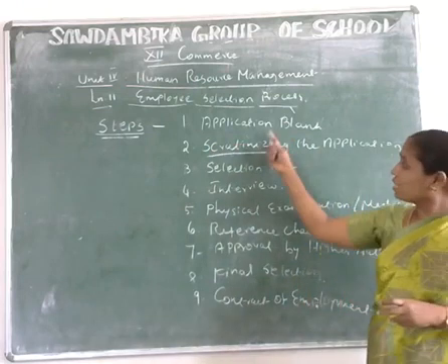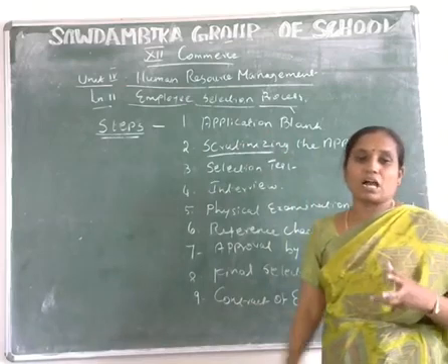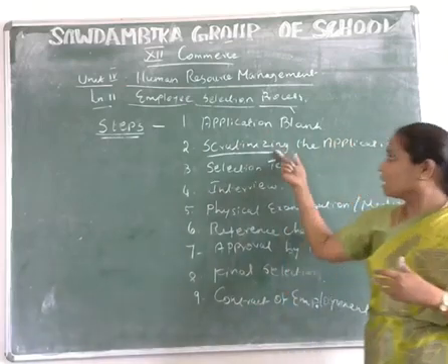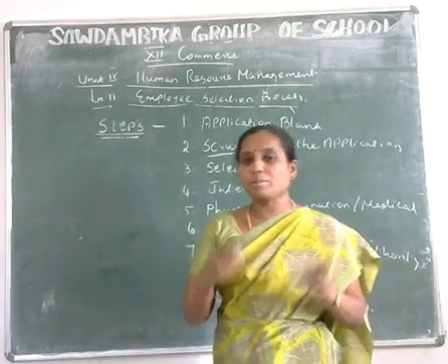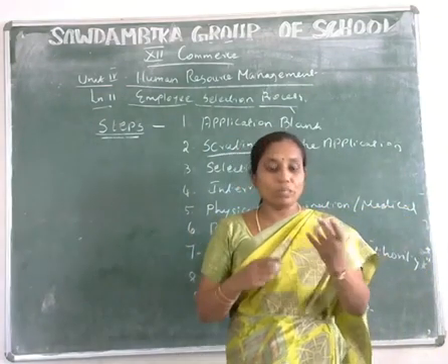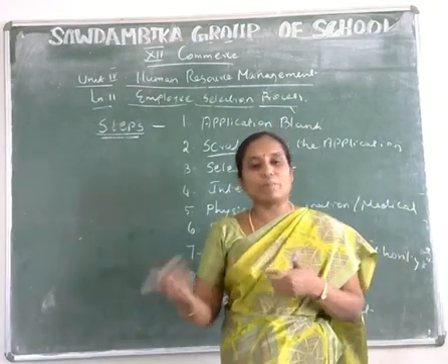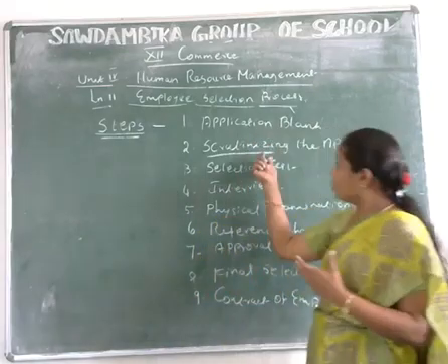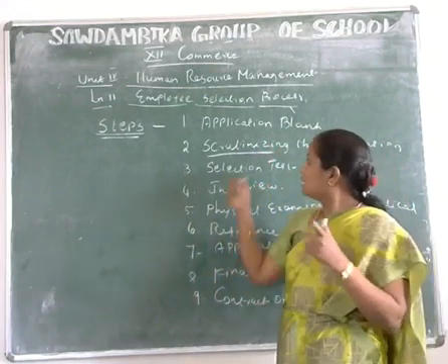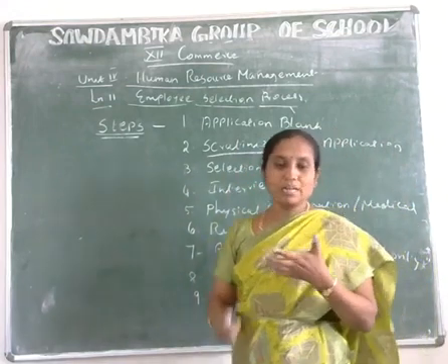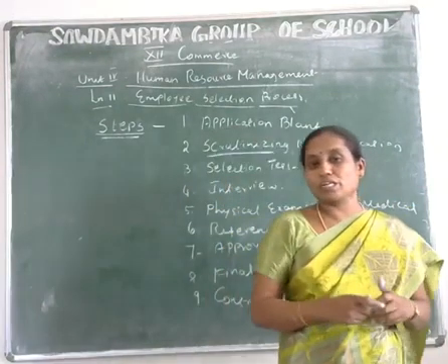So after receiving the applications, the selection committee, the selectors, have to evolve some criteria, like the higher qualifications, expected salaries, and age of the applicants, to shortlist the number of candidates for the interview.